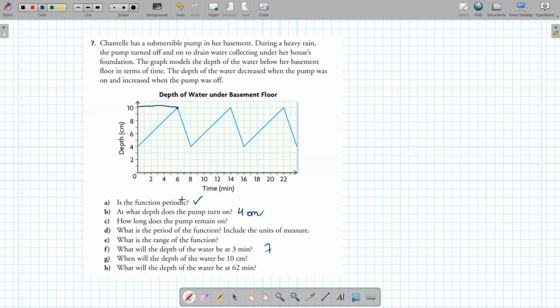Now you gotta use the properties of it being periodic. So your period is 8, right? So 62 means how many periods have you finished?